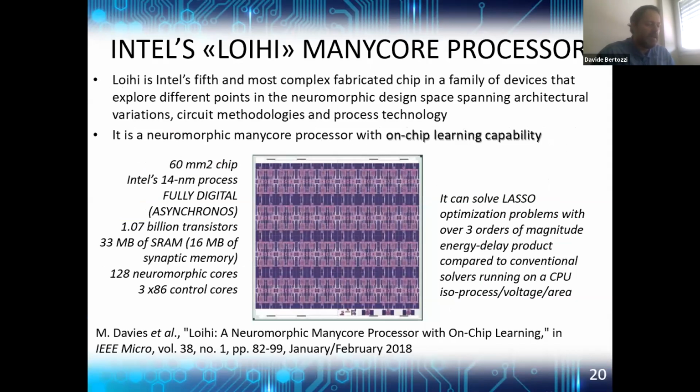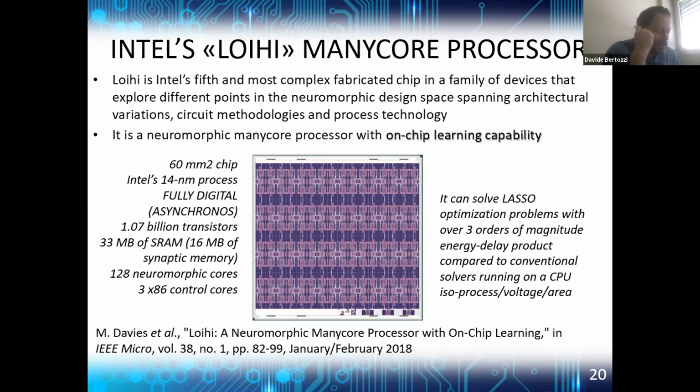Let's see in a real case study where and when the problem arises. I have presented the problem in general terms, but now let's see, when designing an actual neuromorphic system, when exactly the problem arises.